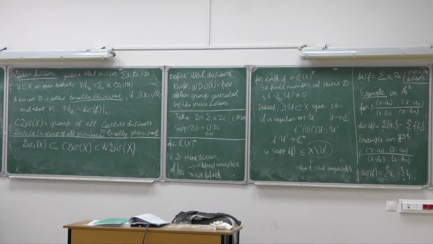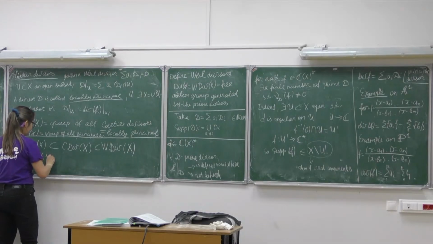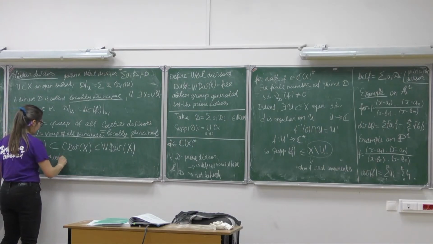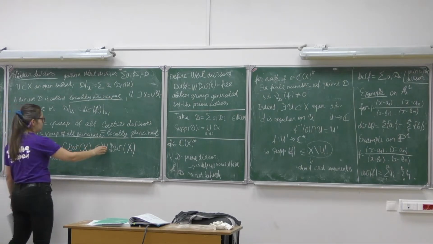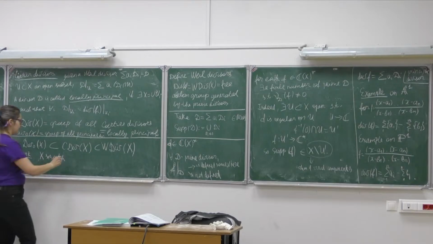Maybe some remarks. First remark is that if X is smooth, then these groups coincide. I'm not going to prove this, I just mention it.